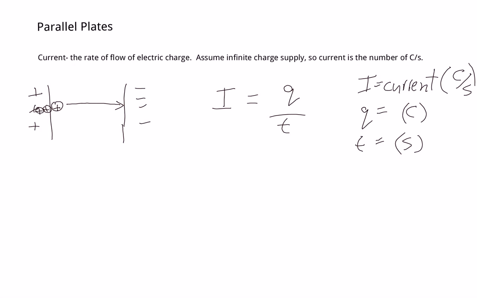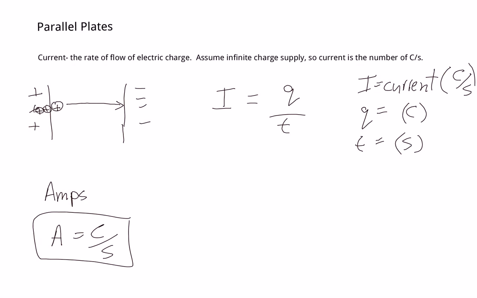But just like other units, we measure current in amps, named after Ampere, sort of to honor him. So amps is the exact same thing as coulombs per second. So that's just a little key thing to remember.